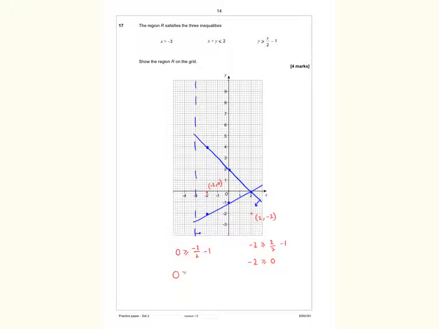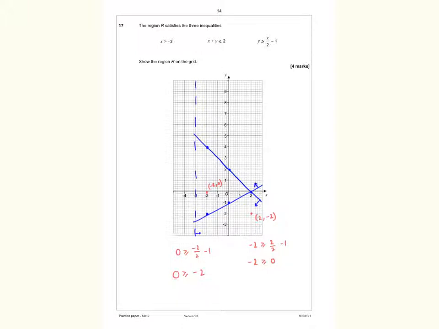So that's negative 1. Take away 1 is negative 2. So negative 2. Is this true? Is 0, it's not equal to, but is 0 more than negative 2? Yes, it is. So this point is fine. So it's this side of the line that I'm looking at.